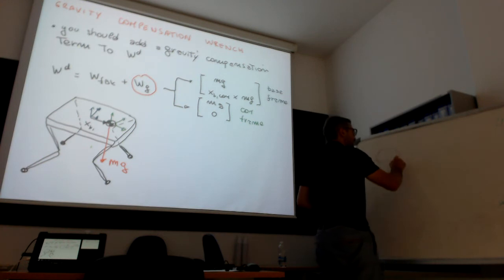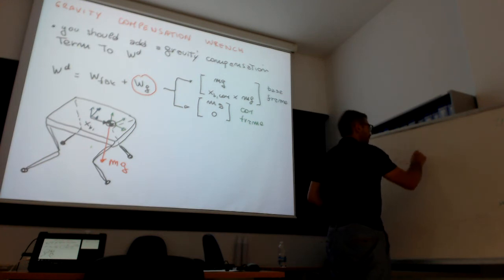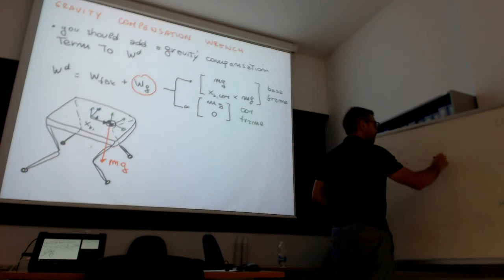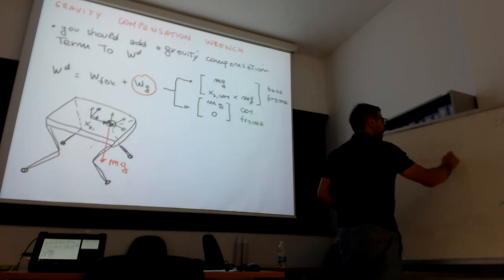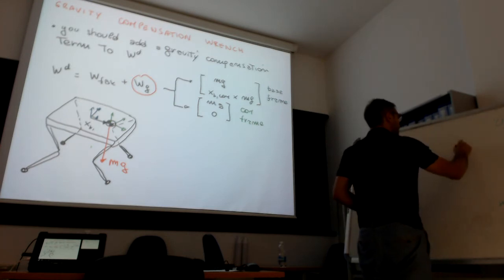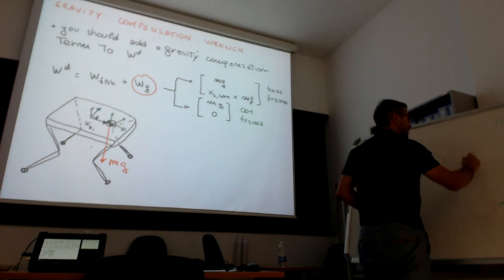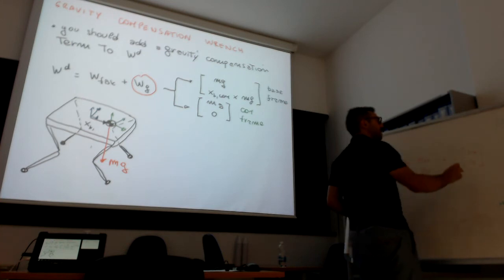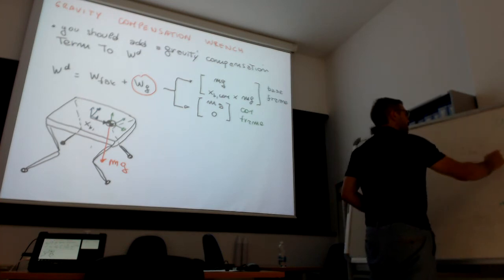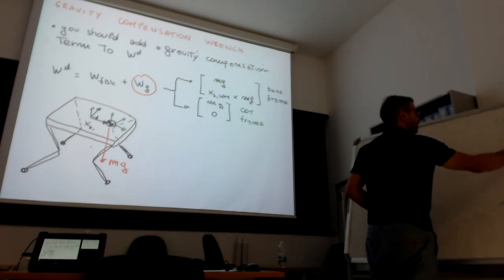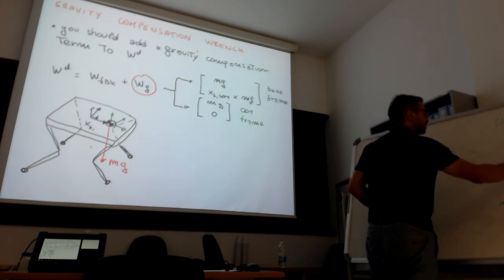If you write them in the base frame, you remember that you have H B or G B, H J, plus J B, J transpose.